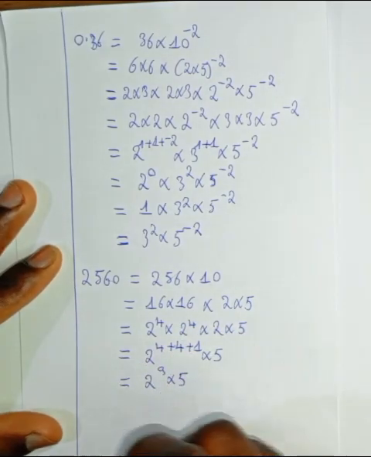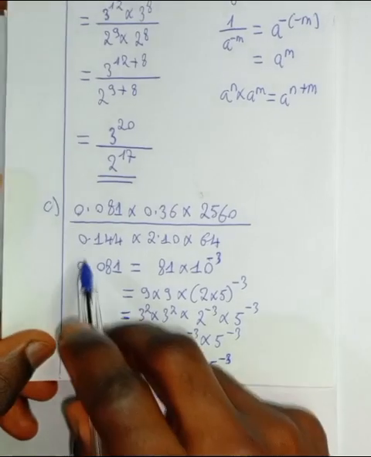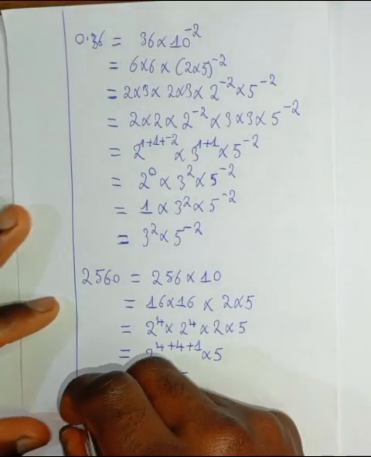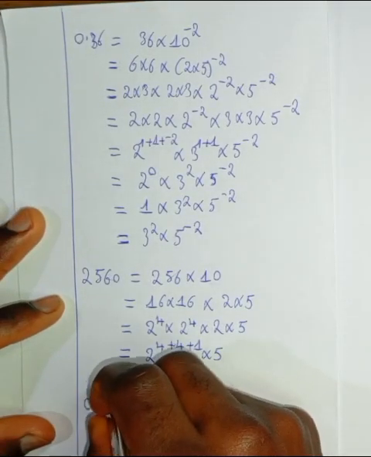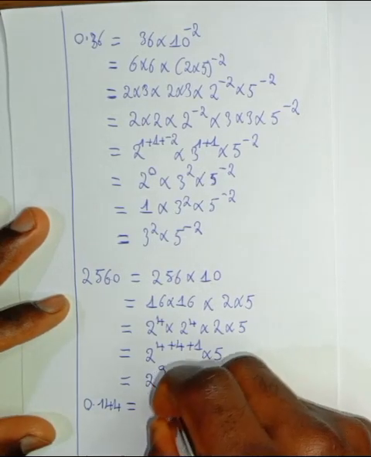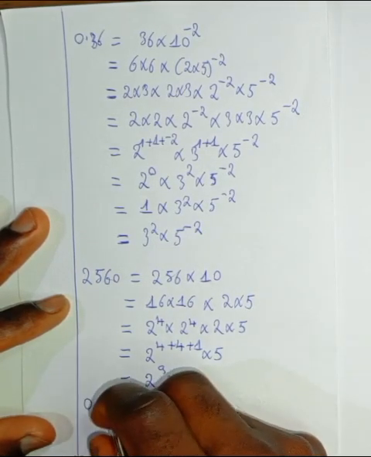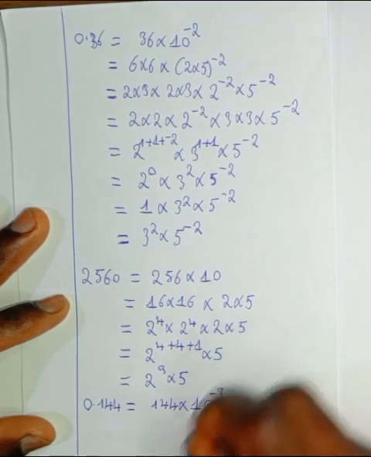We go now to the numbers at the denominator. You can see them. The first one, you have 0.144. 0.144 is equal to 144 times 10 raised to the power negative 3.